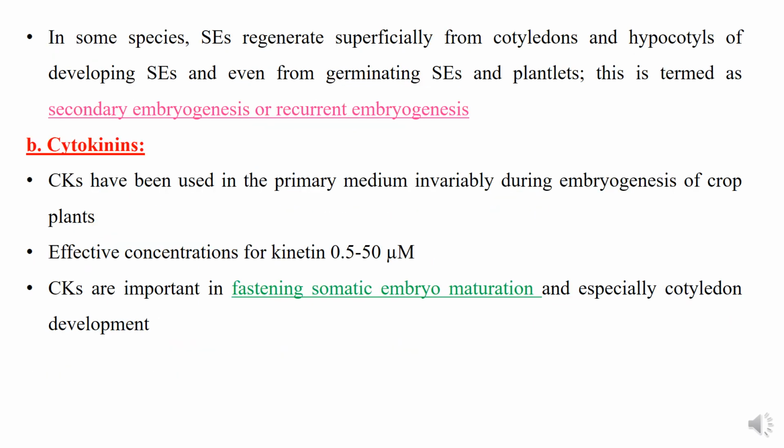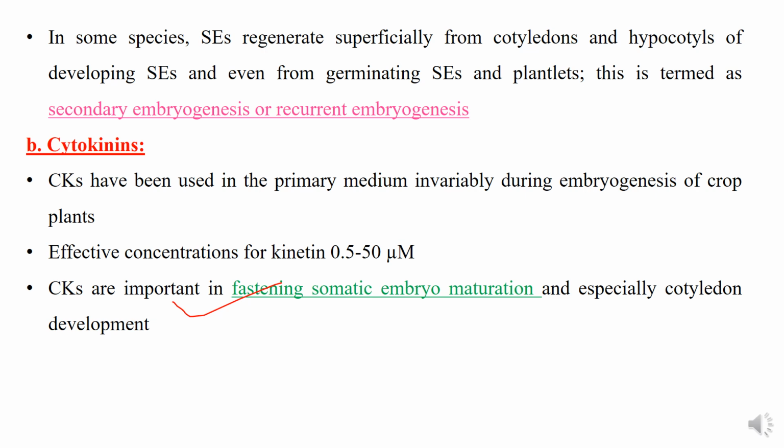And then another growth regulator is the cytokinins, which have been used in the primary medium invariably during embryogenesis of crop plants. And what is the effective concentration of cytokinin? That is from 0.5 to 50 micromolar. Cytokinins are important in hastening somatic embryo maturation and especially cotyledonary development.